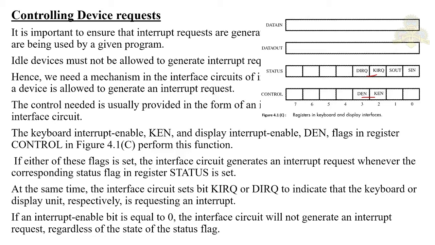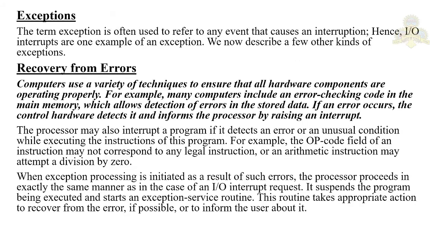Okay, so next we will study exceptions, right? An interrupt is an event that causes the execution of one program to be suspended and the execution of another program to begin. We know this one. So far we have dealt only with the interrupts that are caused by requests received during IO data transfers.